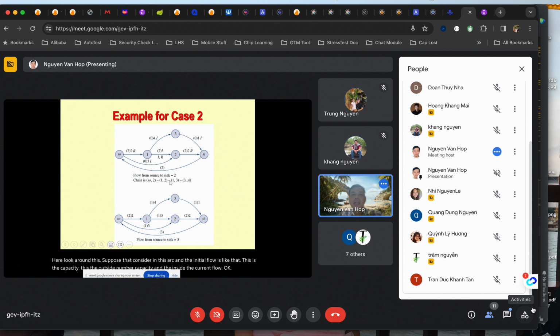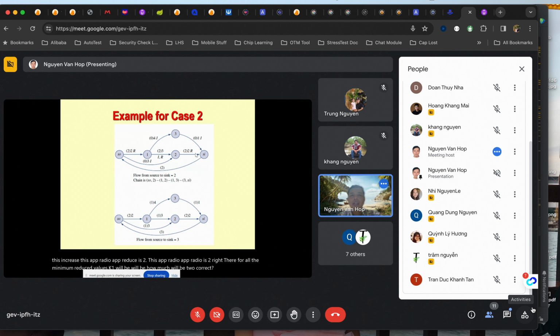For the reduced arcs, this arc's reduce value is 2, this arc's reduce value is 2, therefore the minimum reduce value K1 will be 2, correct?